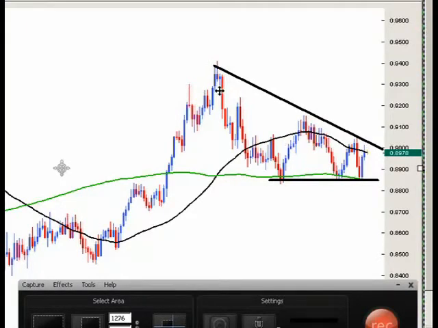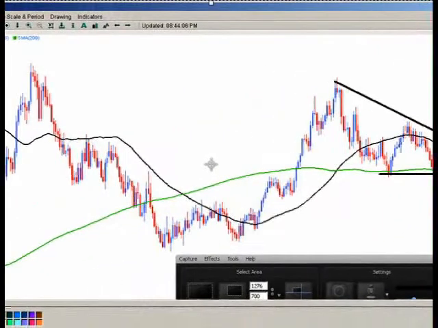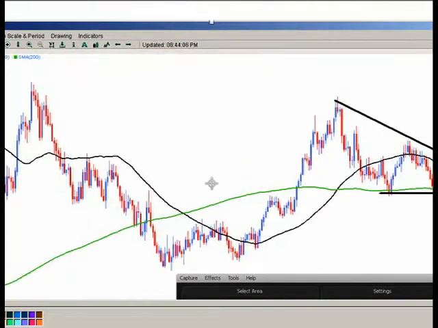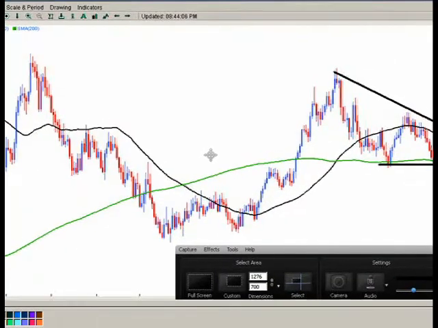And now onto the consolidation part. Notice how this is getting tighter and tighter. It's forming somewhat of a descending triangle.